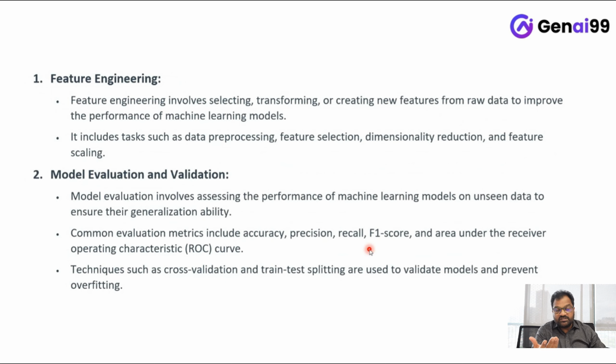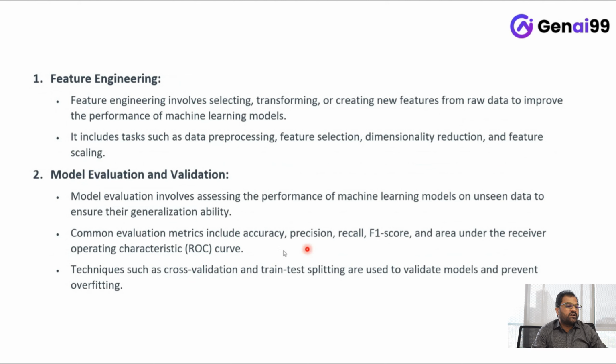There may be some features which we need to create from the existing features which were not existing before in the data sets. So that will be deriving from the raw data set. These are all the different activities we do to fine tune or to optimize the loss function.